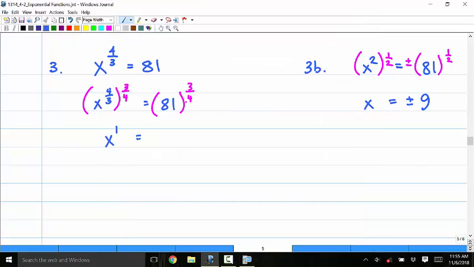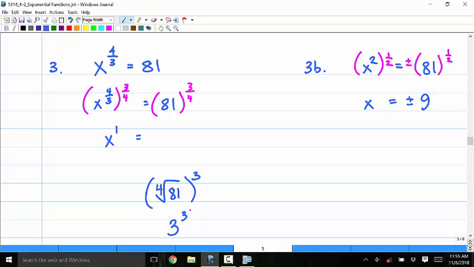If you wanted to do it by hand, you're looking for the 4th root of 81, and then you want to cube it. The fourth root of 81 is 3. Why is the fourth root of 81 3? 3 times 3 is 9, times 3 is 27, times 3 is 81.